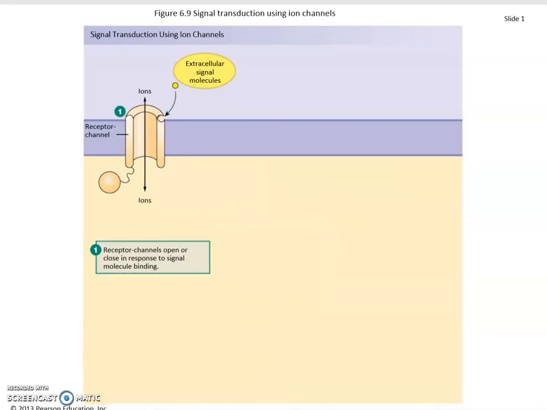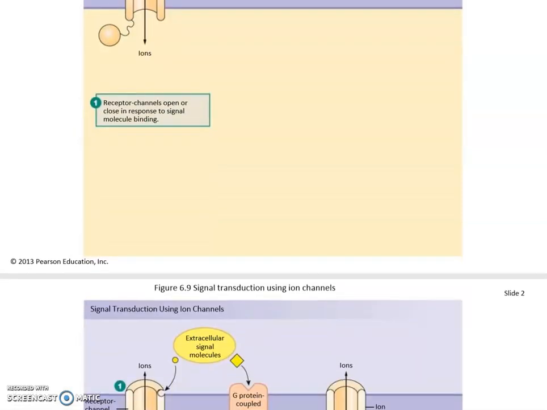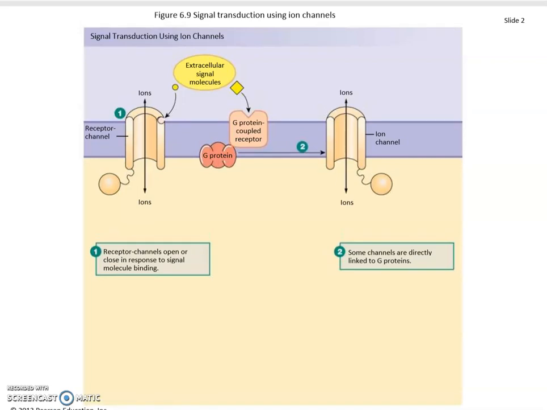So here in steps, we have the signaling molecule binding to an ion channel directly and opening this ion channel, or altering the permeability of this channel to different ions. And then here our second possibility is that we have the messenger binding to a G protein coupled receptor, and then the G protein would open or close an ion channel, altering the membrane permeability to a certain ion.